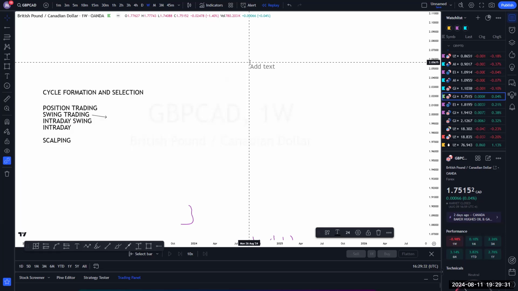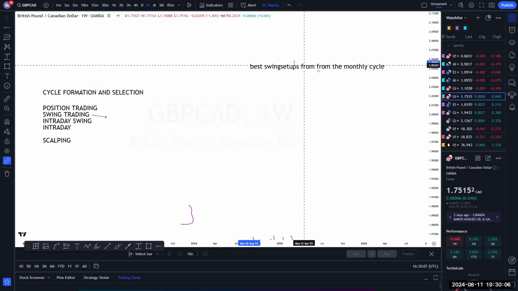Especially, the best swing setups come from the monthly cycle. So if you want the best swing setups, they should come from the monthly cycle.